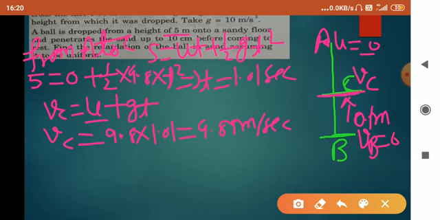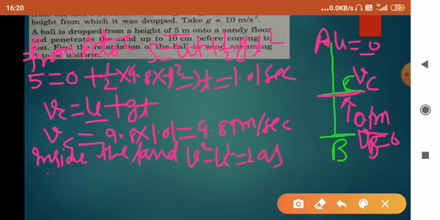Now this ball penetrates inside the sand up to 10 centimeter, which is 0.1 meter. Inside the sand, the third equation of motion is v square minus u square is 2as. So a equal to v square minus u square upon 2s. Here v is vb and u is vc.